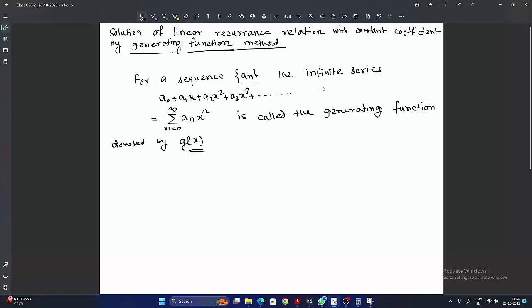Like, if the sequence is given as 3 to the power n, what is the generating function?